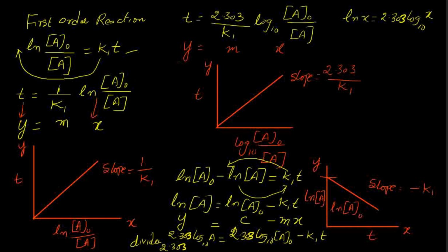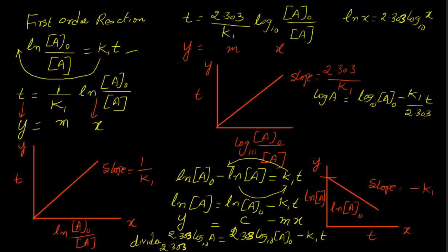Then the 2.303 and 2.303 cancel, and here also 2.303 is in the denominator. So finally we get the relation log a equals log base 10 a naught minus k1 by 2.303 t.